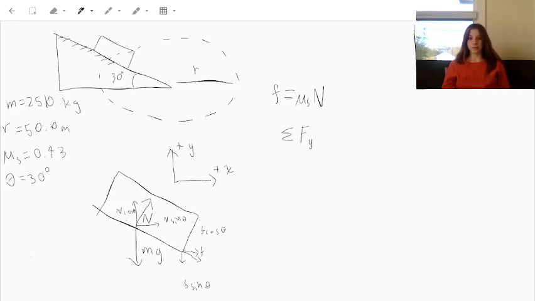So that's going to be equal to, in the y direction, we have n cosine theta pointing up. We have mg pointing down, so that means it's going to be negative because it's in the negative y direction. It's minus mg. And also this one, f sine theta, minus f sine theta.